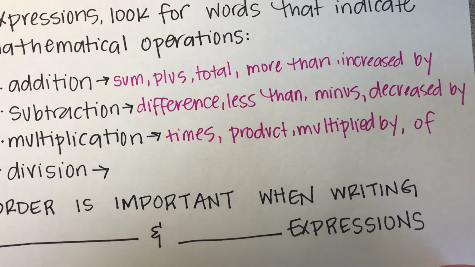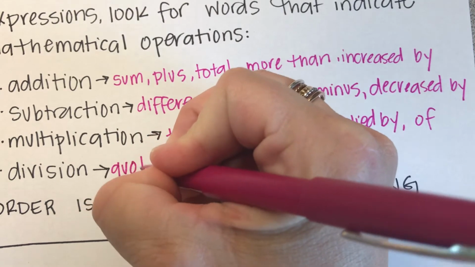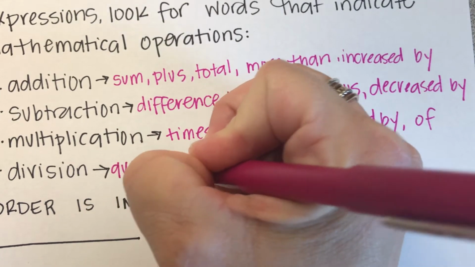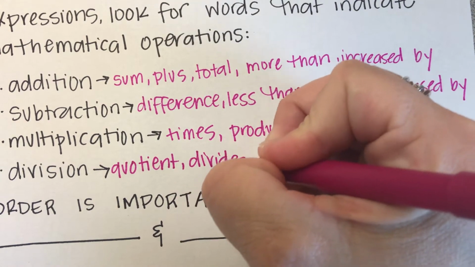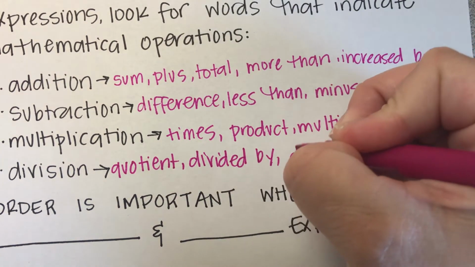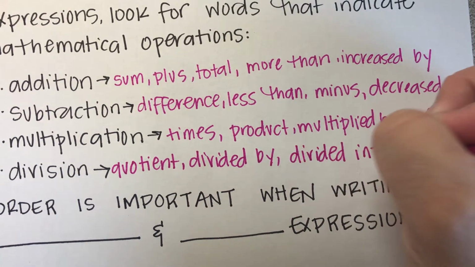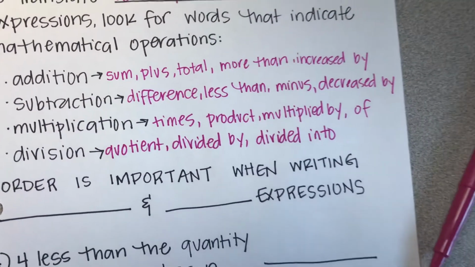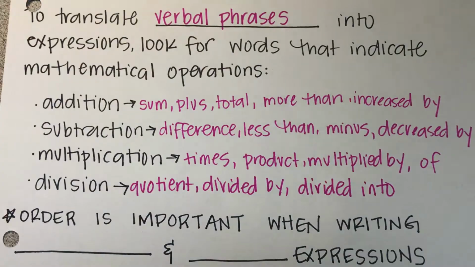And then for division, it could be quotient. It could be divided by, or divided into. Okay, so those are all kind of like key words and phrases that we're going to look at to know what operation we're being asked to do.